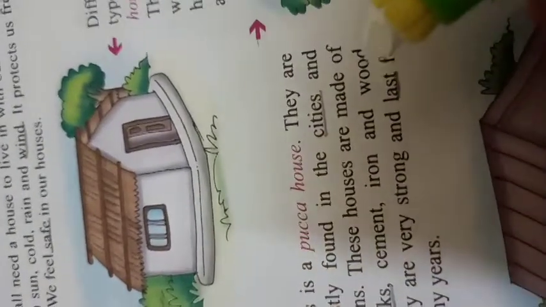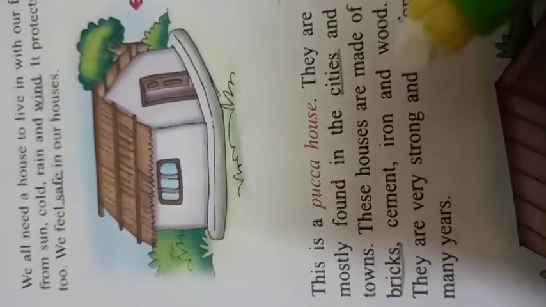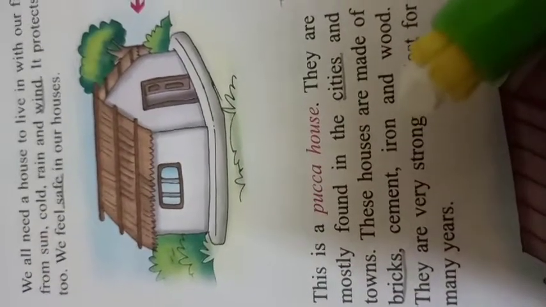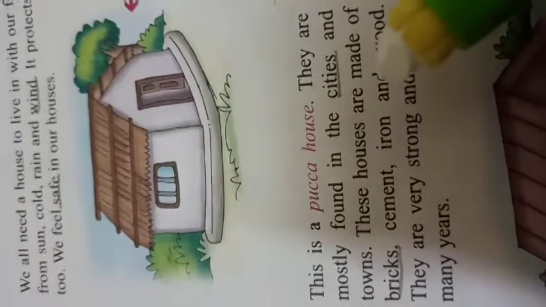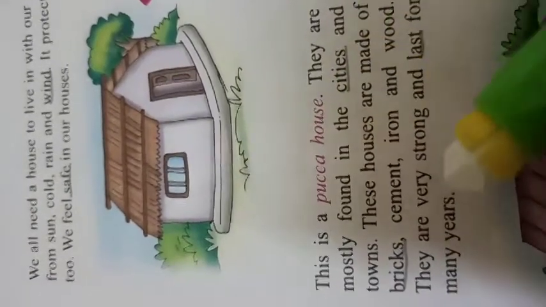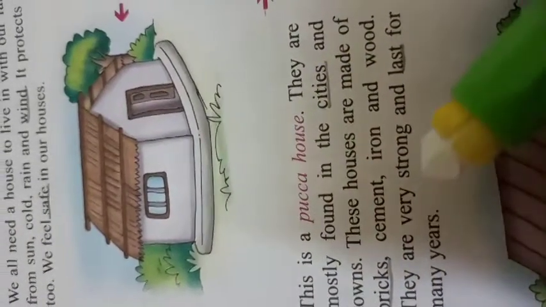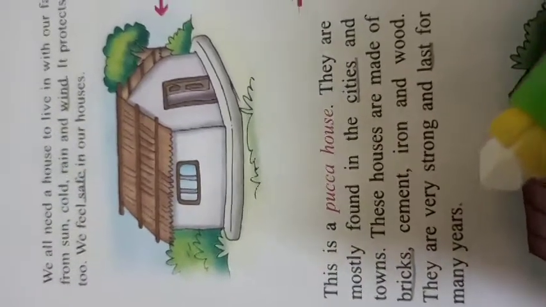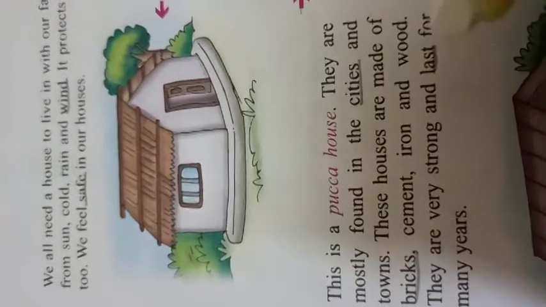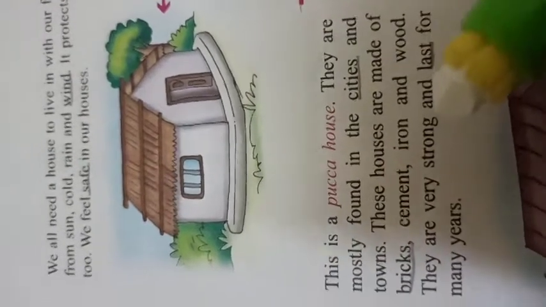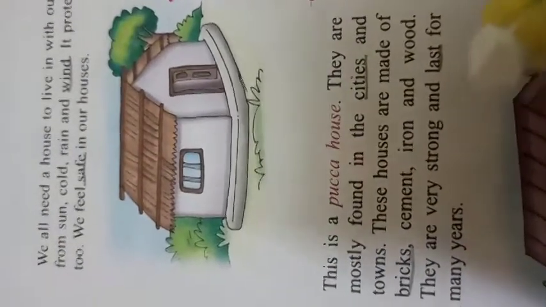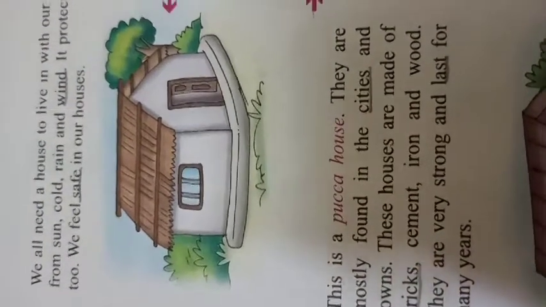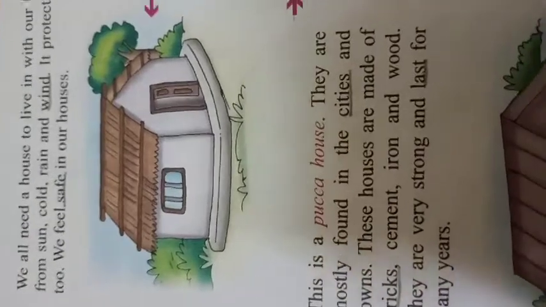These are very strong materials used to make the pakka houses, and they last for many years. These houses are very strong, and they are safe during heavy rainfall and wind storms.